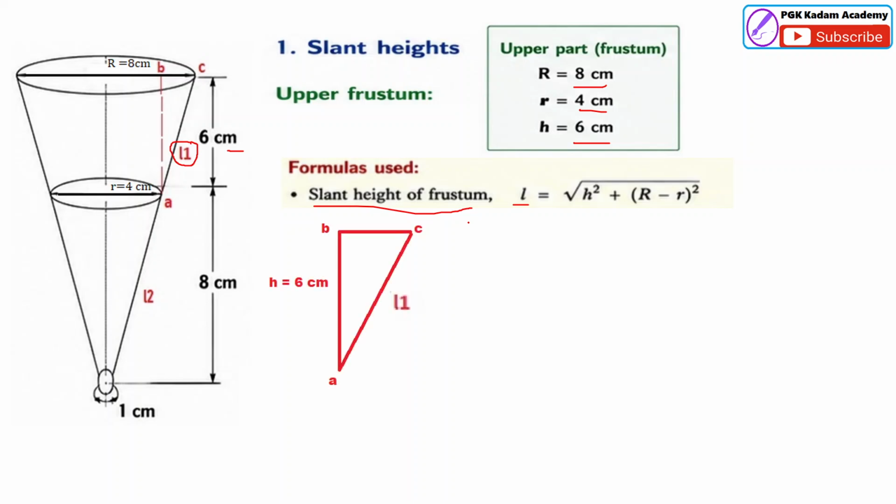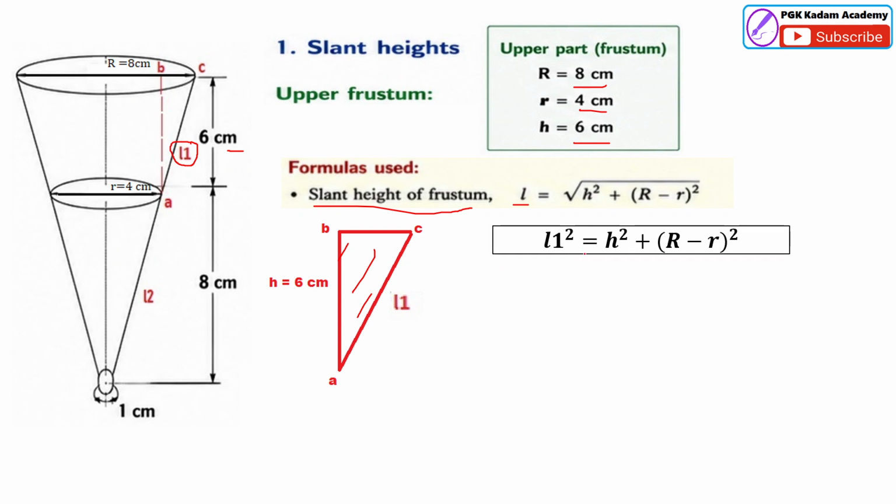L1 we can find out by using trigonometry, just drawn here, line A, B, C, and it's a triangle. You can see here this triangle is ABC. By using this trigonometry, you can find out L1 square is equal to H square plus this distance BC square. How can we calculate this distance?